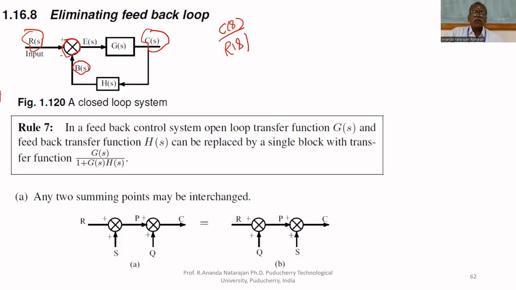What is the signal that we are getting here? E of S equals R of S minus B of S. Am I correct or not?